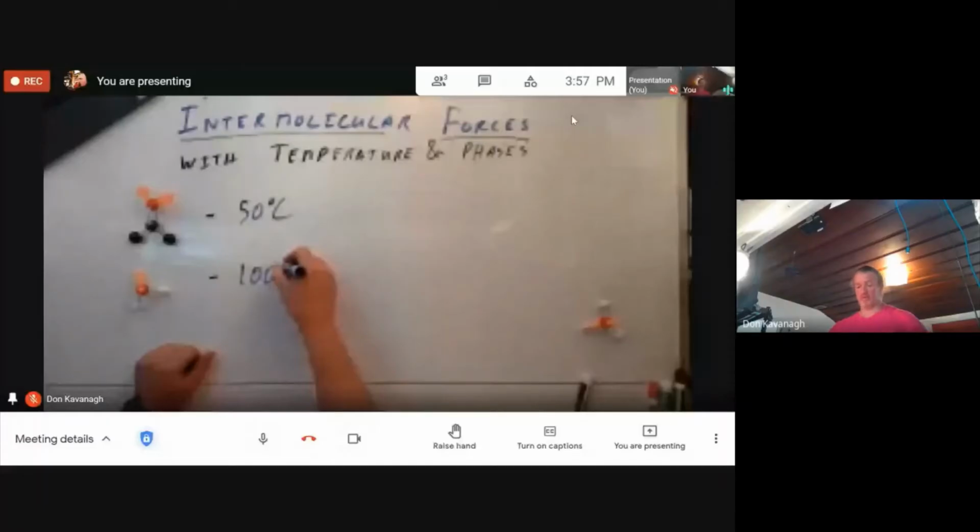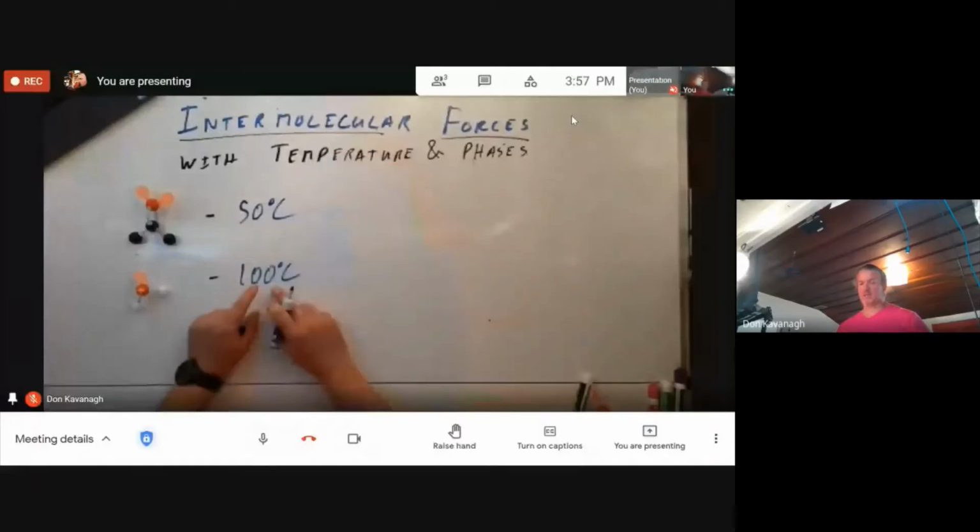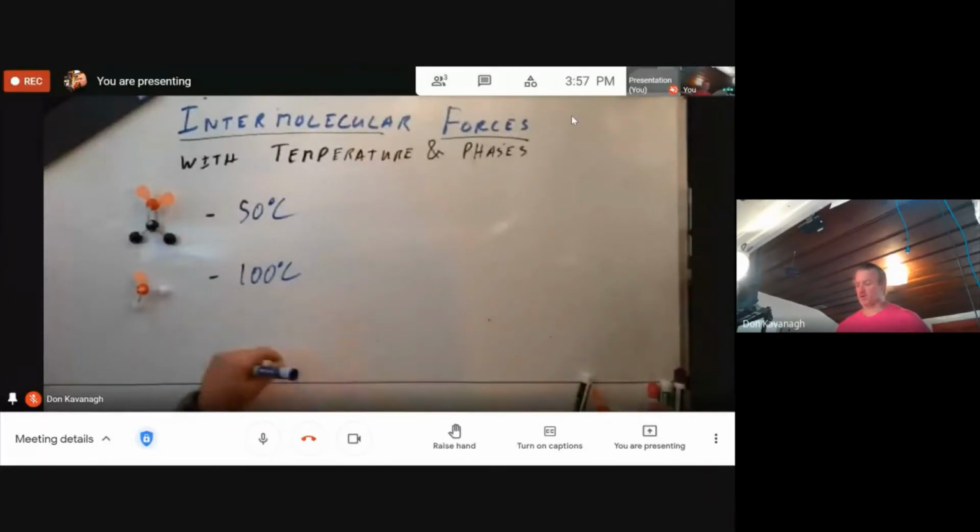So from these temperatures of boiling points, we can infer something about the intermolecular forces. Because this is a higher boiling point and it takes more energy to break the intermolecular forces, water must have stronger intermolecular forces.